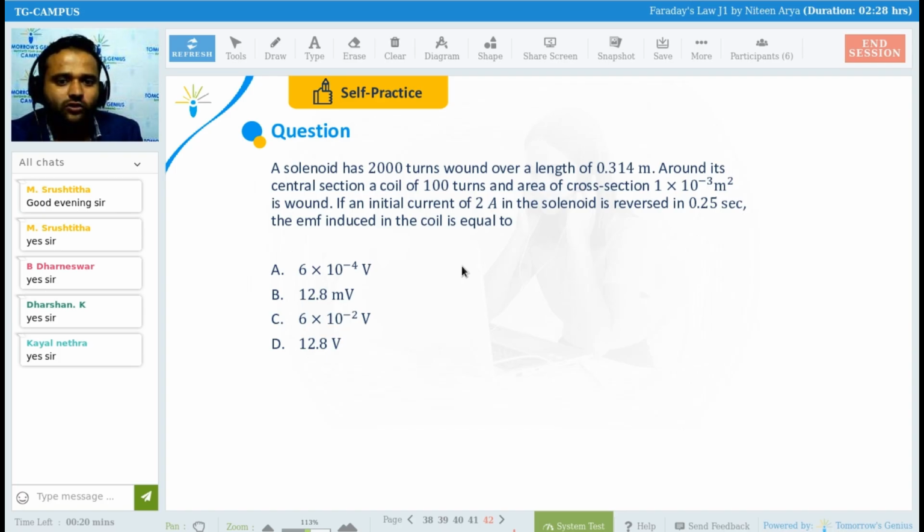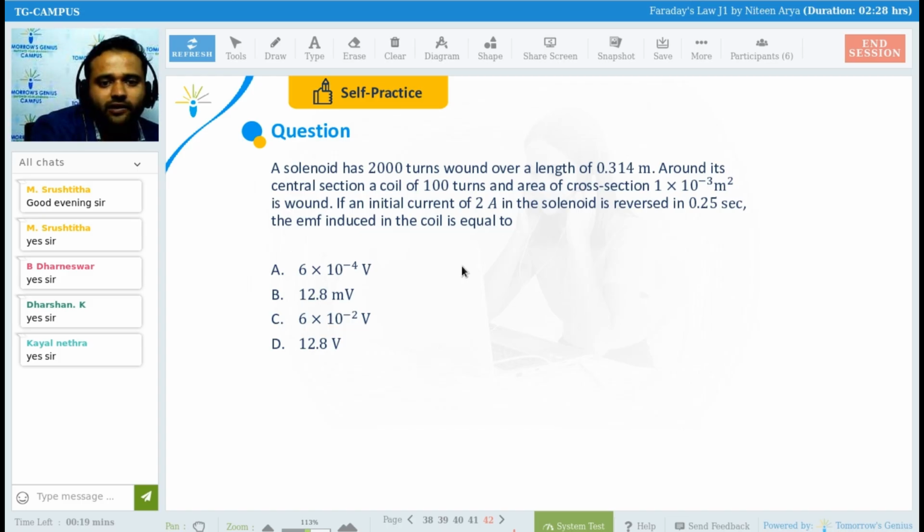Area is there, turns is there, solenoid is there. This is N, the number of turns for the coil. This is the number of turns for the solenoid. Don't confuse between these two. Is this clear? 2000 is the number of turns for the solenoid, and 100 is the number of turns for the coil, basically.